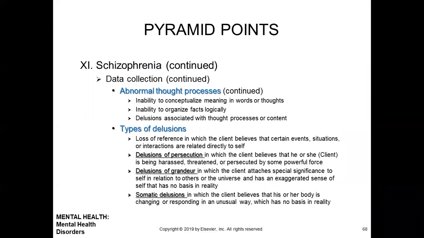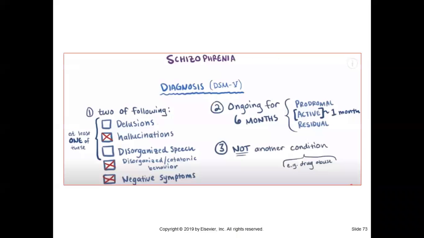So in this next picture, they said when we diagnose schizophrenia, these are the major signs: delusion, hallucination, disorganized speech, disorganized or catatonic behavior, and negative symptoms. So the patient must have at least two positive symptoms to be diagnosed with schizophrenia, or any one positive symptom and two or more negative symptoms should be there.